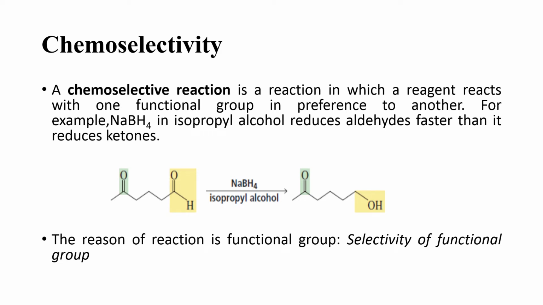In this reaction, there are two functional groups, one is ketone and the other is aldehyde, while the reducing agent is sodium borohydride in presence of isopropyl alcohol. Here, sodium borohydride, NaBH4, will selectively reduce the aldehydic carbonyl group, while it will not reduce the ketonic carbonyl group.